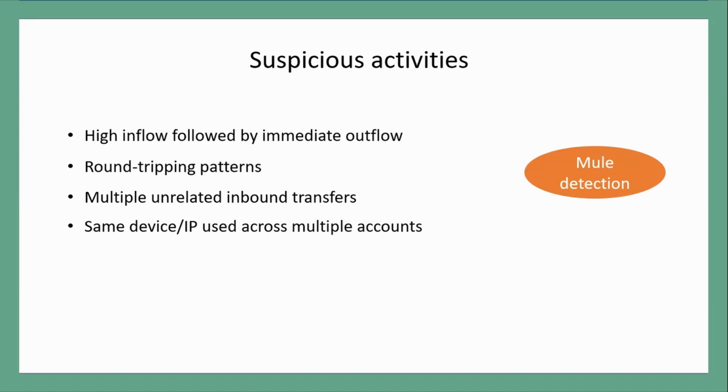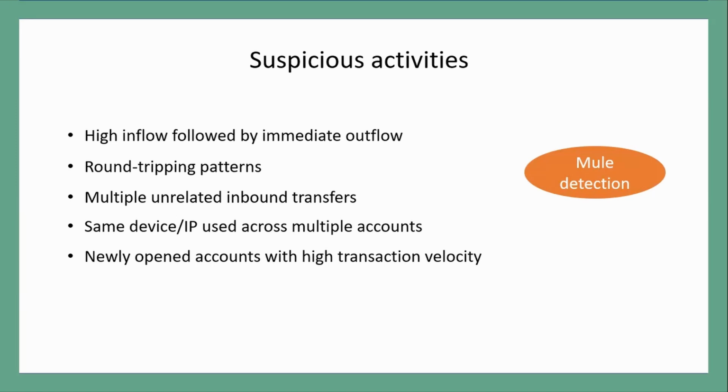Or if we find that the same device or IP is being used across multiple accounts. So if the same mobile phone or a laptop is being used to access 10 different accounts owned by 10 different people who are not related to each other, then it's possible that those 10 accounts might be mule accounts.